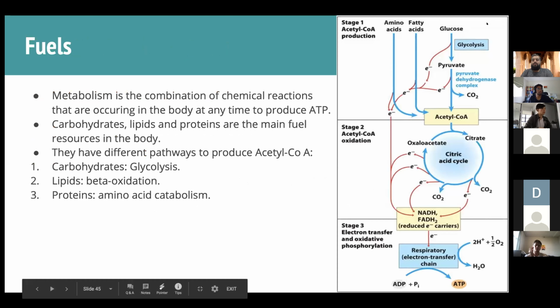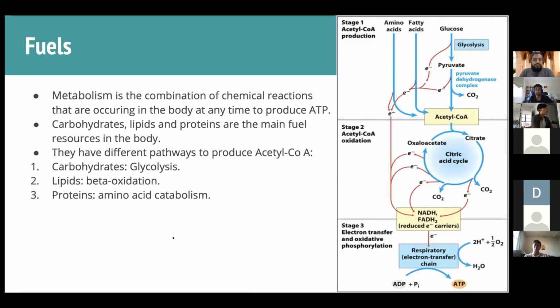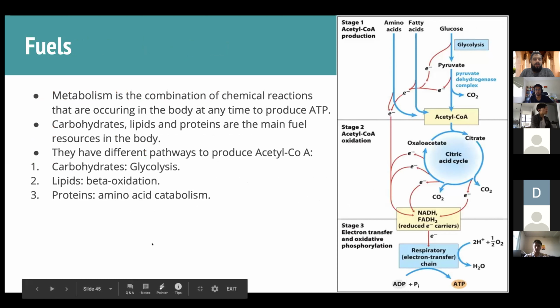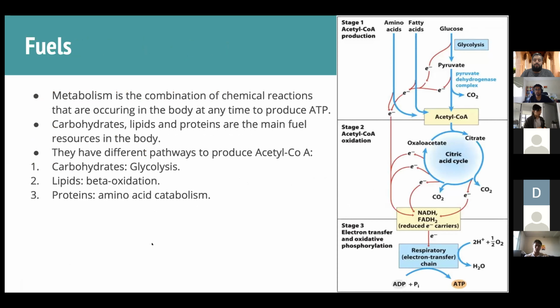And now we will move to fuels. So the main fuel sources in the body are carbohydrates, lipids, and proteins.